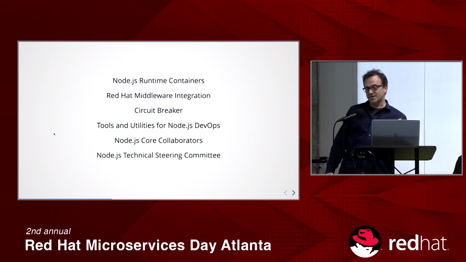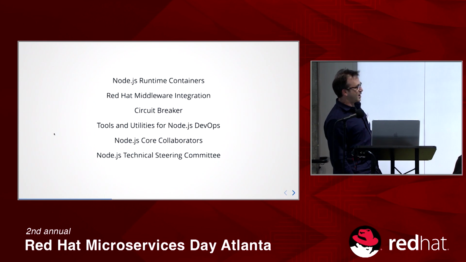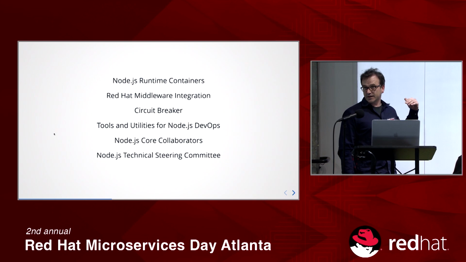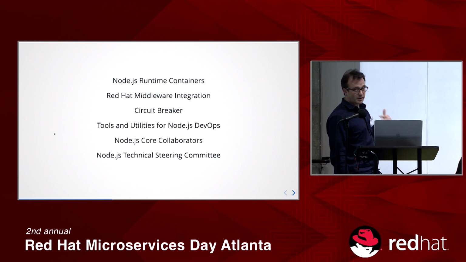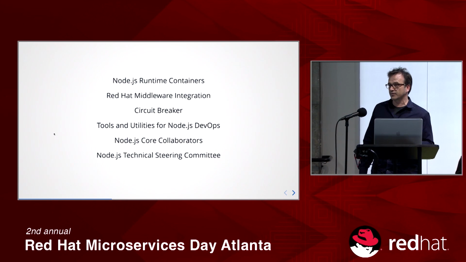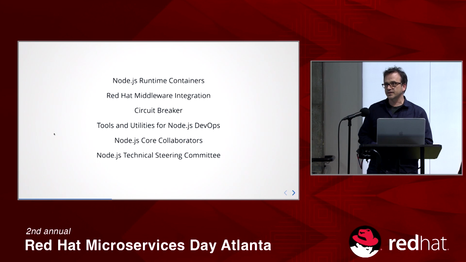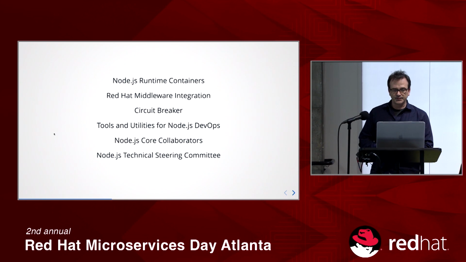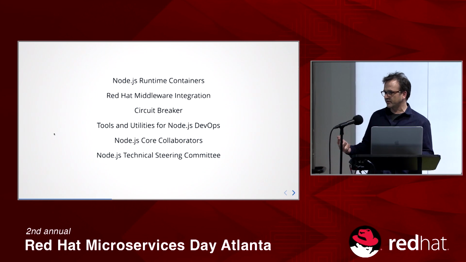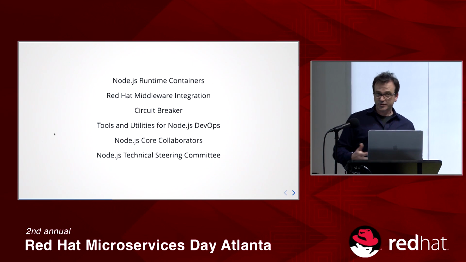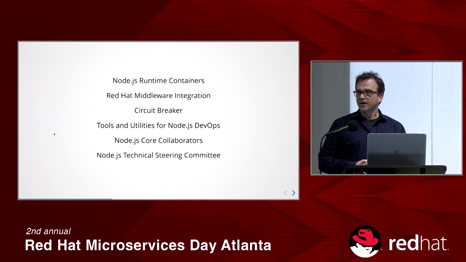And these are some of the things that we're working on, and you're going to see all of this today in the Shootout, or at least my implementation of it. We've got runtime containers that run on Openshift. We do integration with existing Red Hat middleware. We have our own implementation of things like circuit breakers, which you've already heard about a little bit from the Java world.